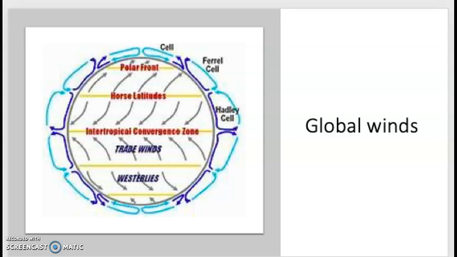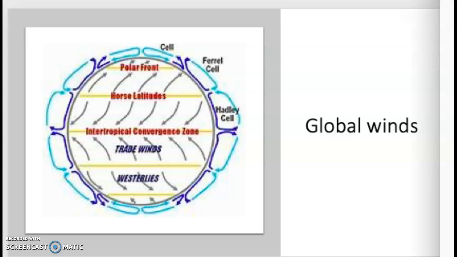So if you look at the diagram, there's a direct relationship between temperature and the moisture holding capacity. The warmer the air masses are, the more moisture they can hold. And at the surface, they can hold more, but as they rise up into the atmosphere, they can't hold as much water molecules, and we have falling precipitation.